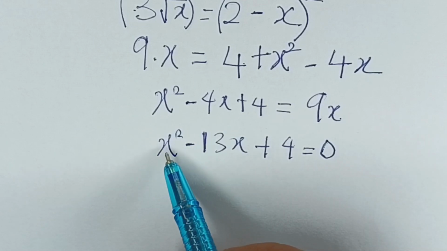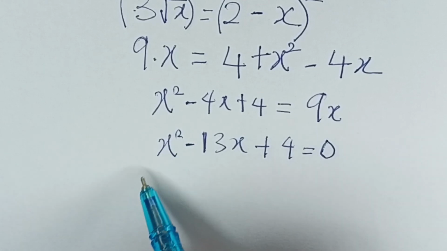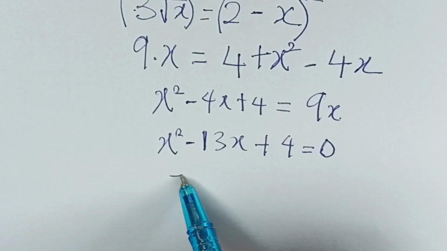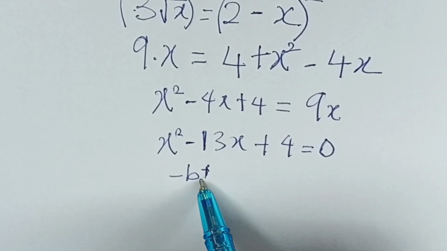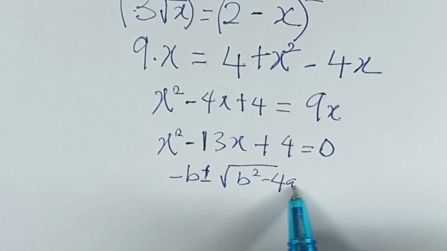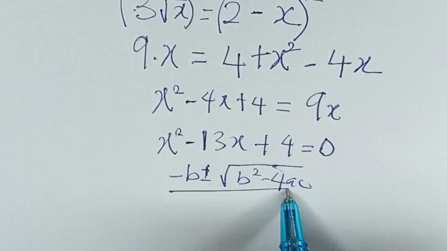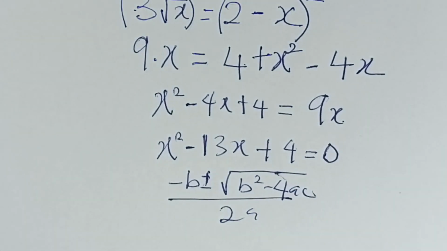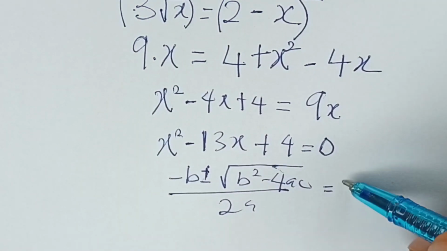So solving this quadratic equation would mean using the quadratic formula, which states that minus b plus or minus square root of b squared minus 4ac all over 2a is equal to x.